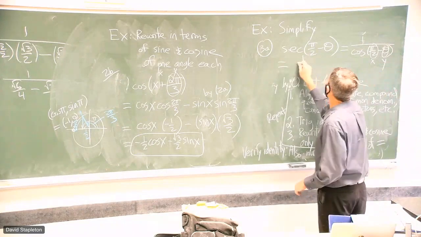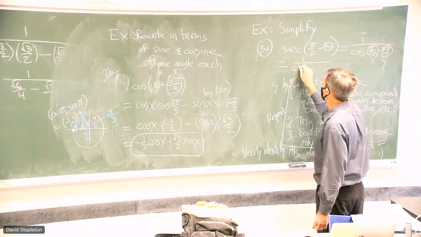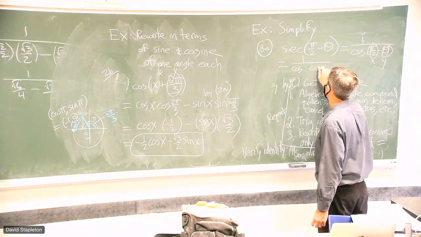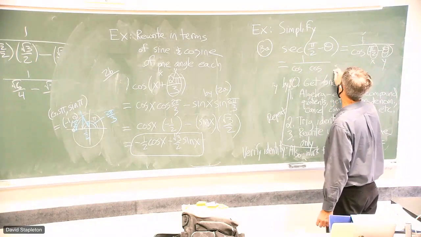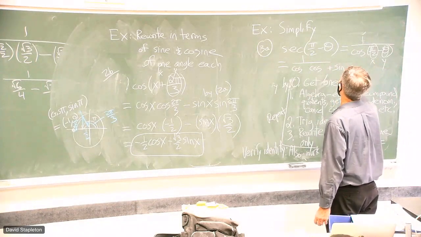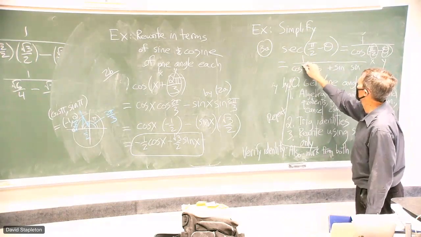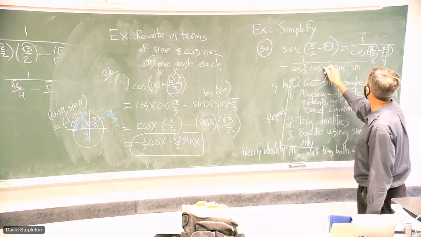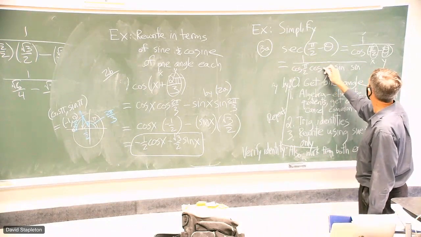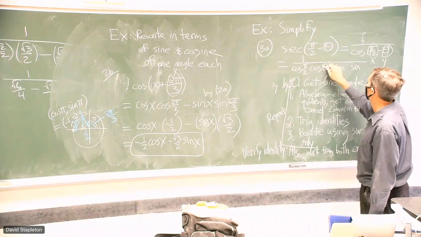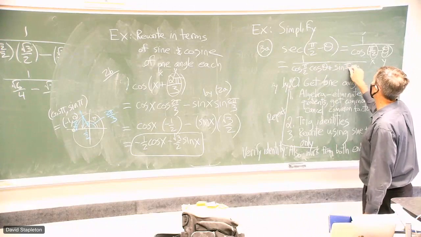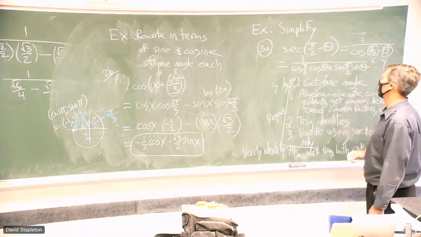Cosine of the difference is cosine cosine plus sine sine. Minus goes with plus on cosine. And I just put in what x and y are. It's cosine pi over 2 cosine theta, plus sine pi over 2 sine theta. There it is.